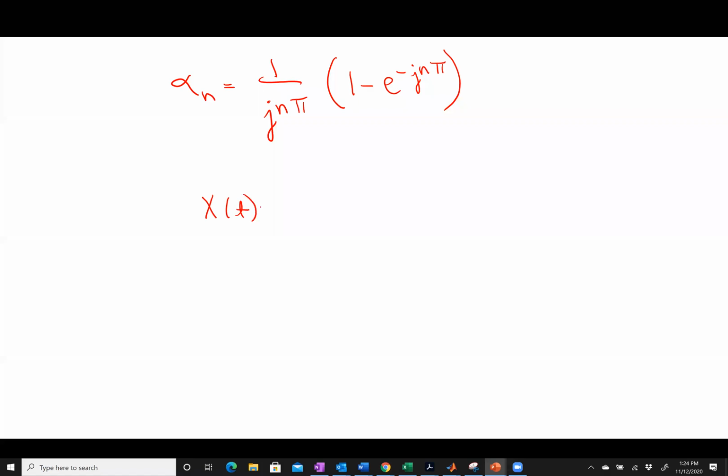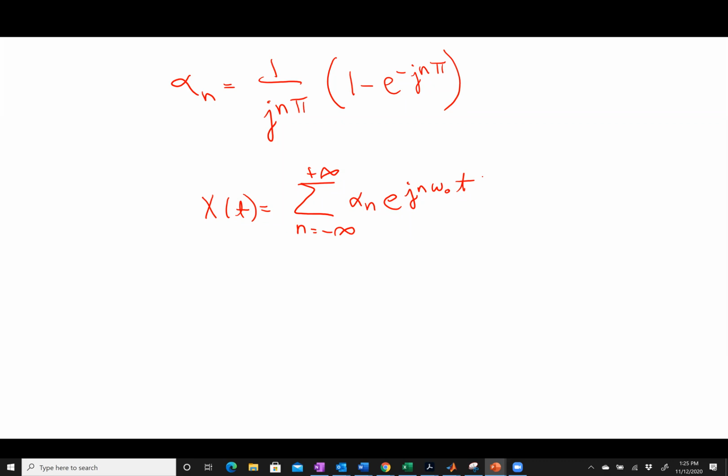Well, it's going to require a for loop. I'm going to be implementing this from negative infinity to positive infinity: alpha n e to the j n omega naught t. I'm going to implement that in code. So how do I implement that in code?